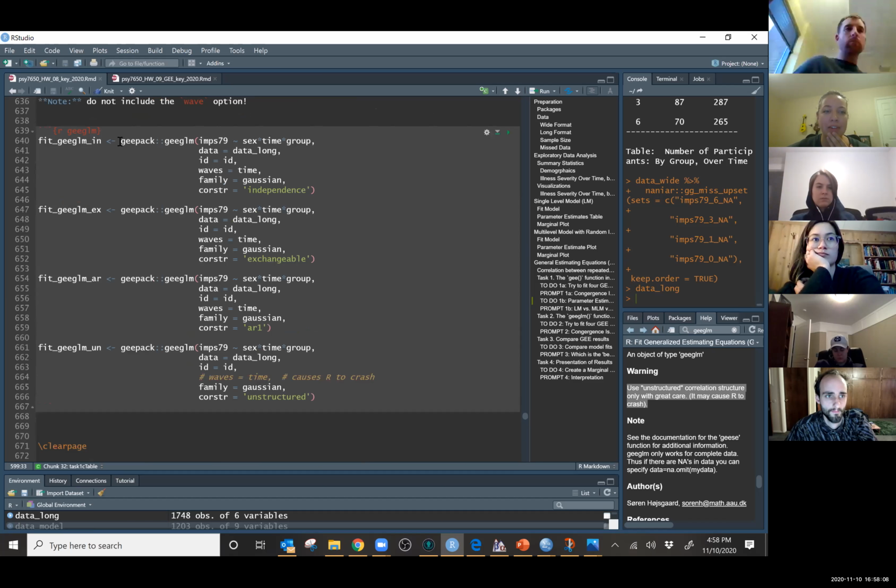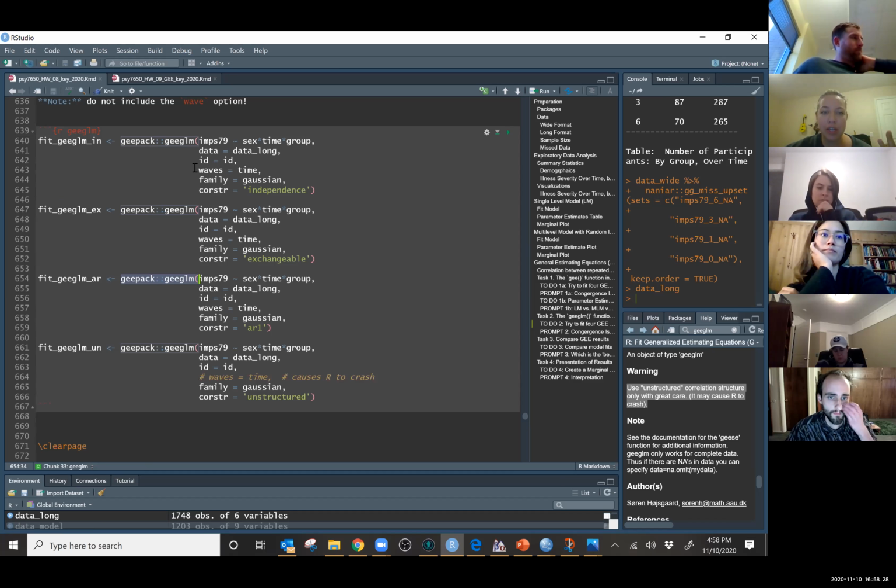Now, when we go back and fit these models with geepack geeglm, the autoregressive will fit, even though we have people with 1 observation, because this package has a workaround built in, which I can't even explain to you. I don't know how they do it because I've never read it. I just trust that it's true.